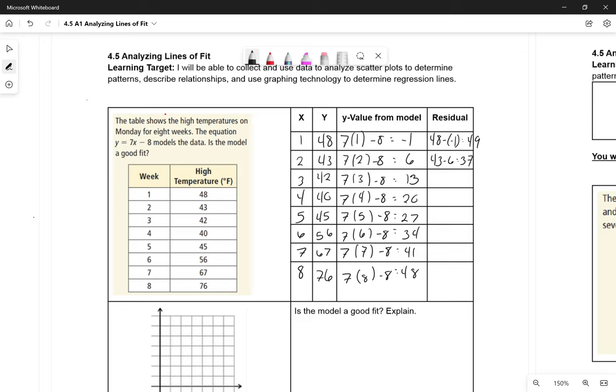And just by looking at this, I can tell that this is not going to be as nice as our previous one. This one we can see that our residuals are actually much larger numbers. And as we graph them, we're going to see that they are not close to the horizontal axis.